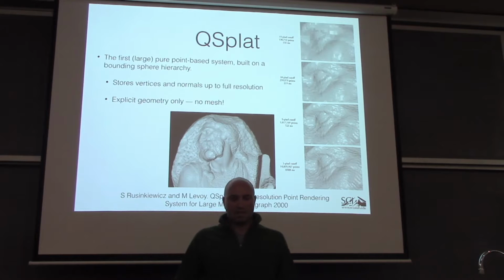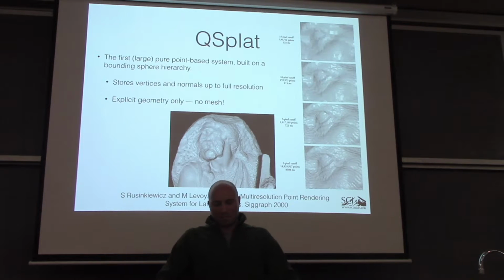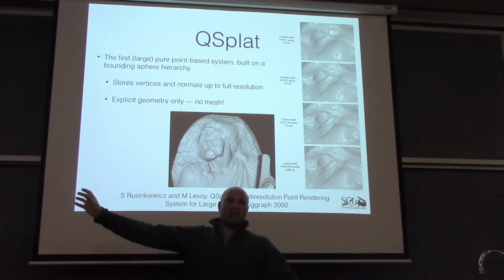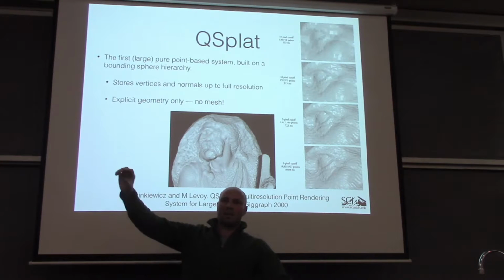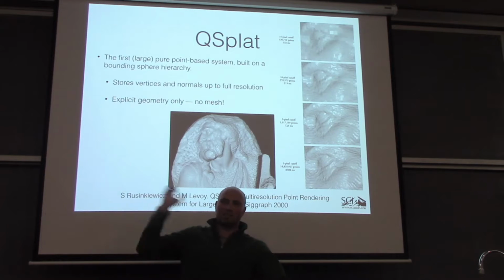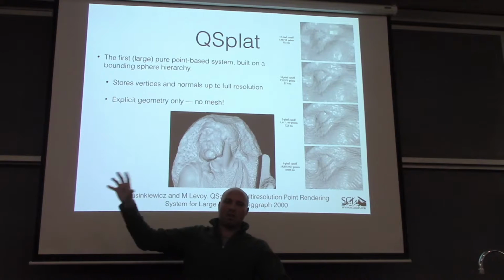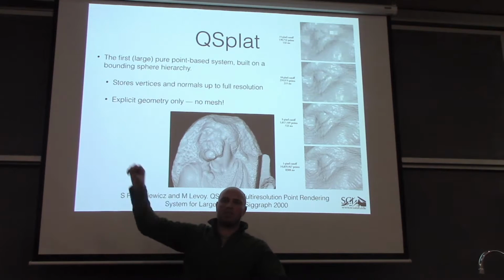And one of the first efficient ways of doing this was the Q-splat system from Rusinkiewicz, never pronounce his name, and Levoy. This paper from SIGGRAPH 2000 was essentially a big, massive, multi-resolution point-based system that started with range scan data, so lots and lots of points, and was trying to average these points.